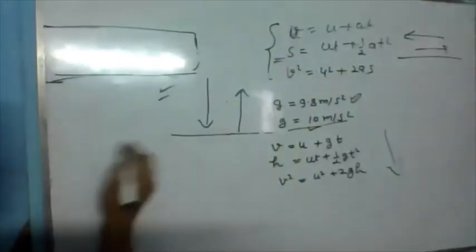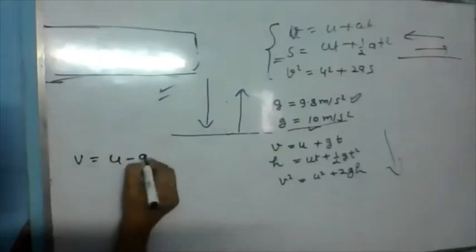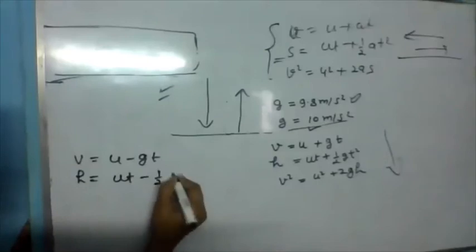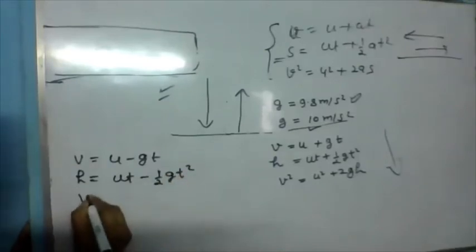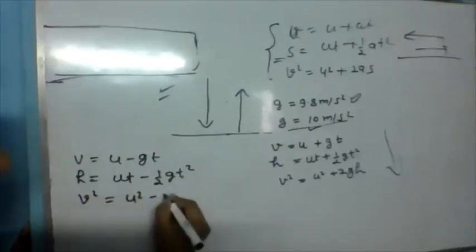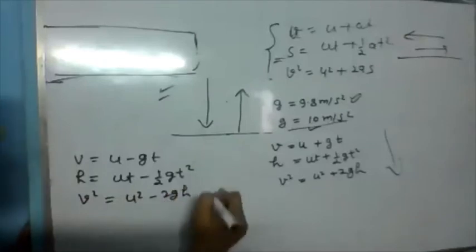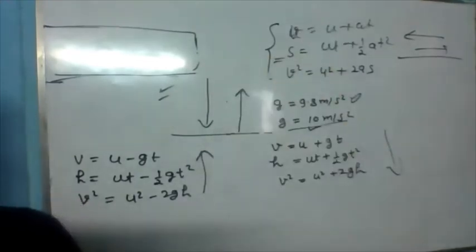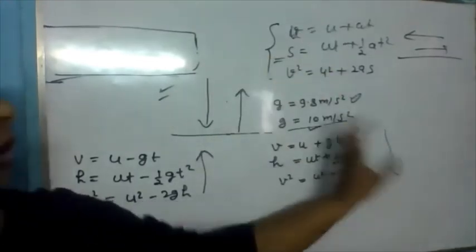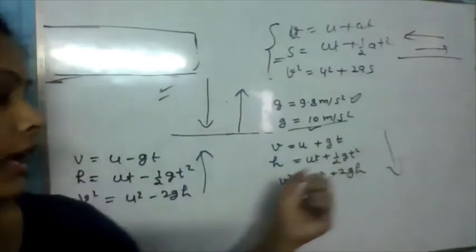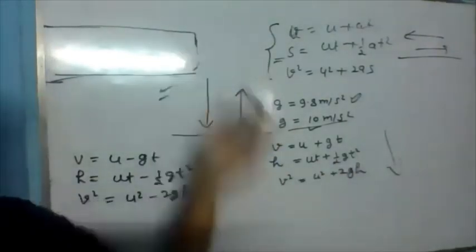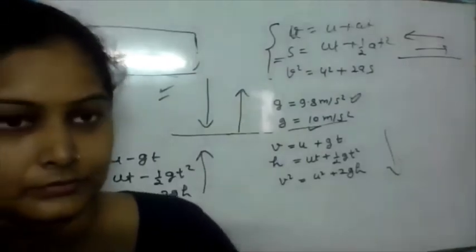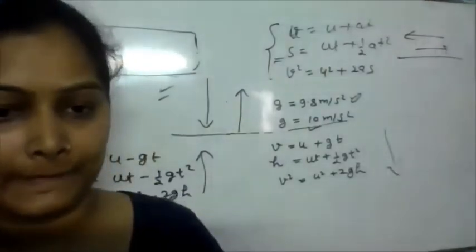So in this condition, the formula is like this. This is for when the object is moving upward, and the other is for when the object is moving towards the earth. So this is clear? Yes, ma'am. Okay.